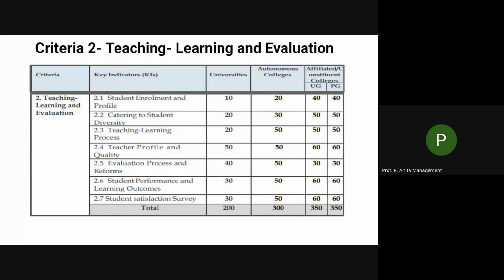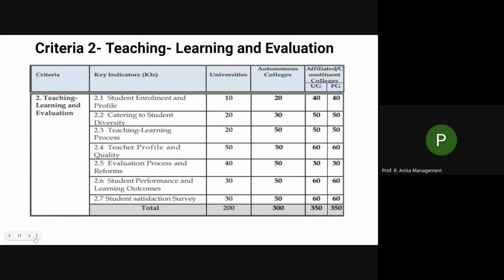Now let us go to criteria 2, where I have just given the introduction. We have 7 key indicators under teaching, learning and evaluation. As you can see for universities, autonomous colleges and affiliated colleges, 50 is the maximum for autonomous colleges for 2.3, 2.4, 2.5, 2.6 and 2.7.